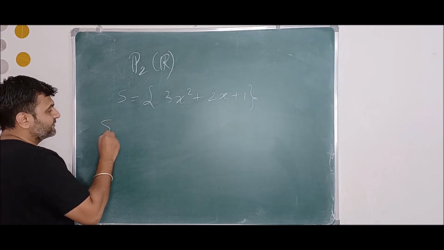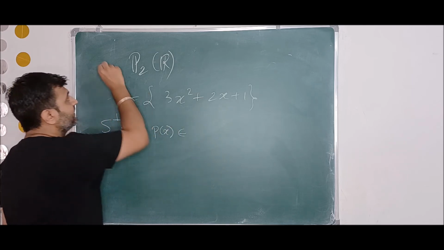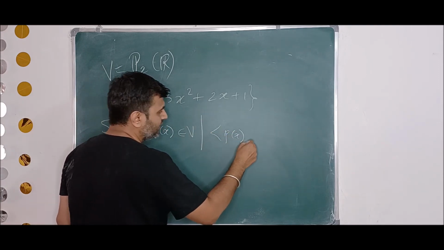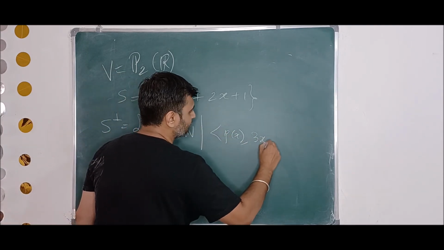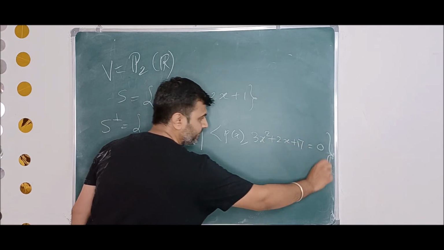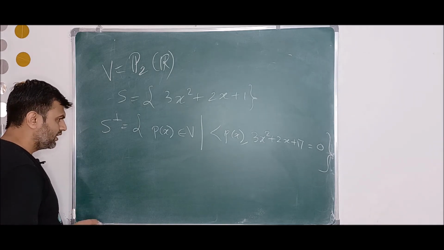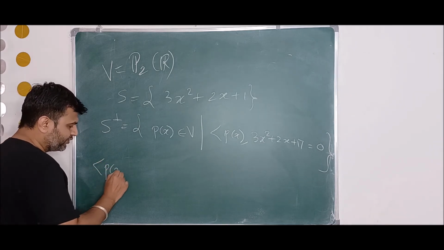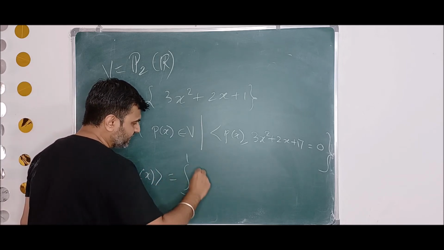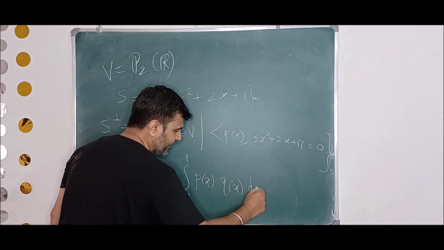Okay, so what is S perp? Set of all P of x in my V such that inner product of P of x with this polynomial is 0. There is only one polynomial. Now what is inner product? Let me define inner product of P of x and Q of x as integration from minus 1 to 1 of P of x into Q of x dx.